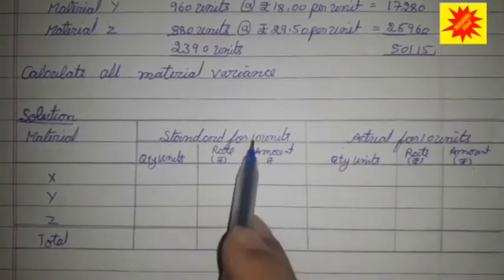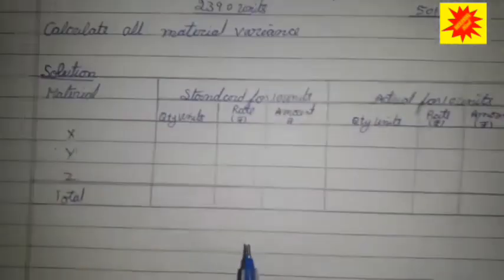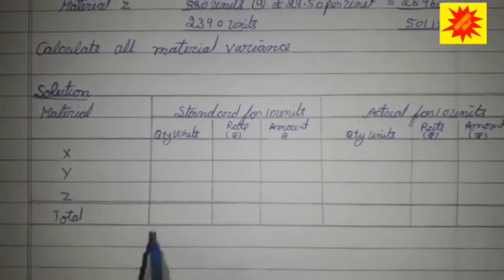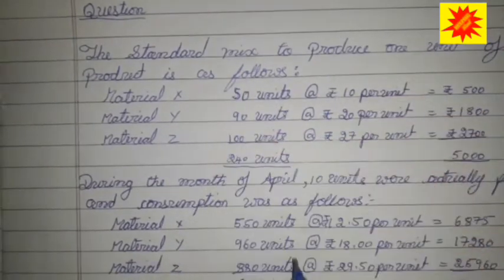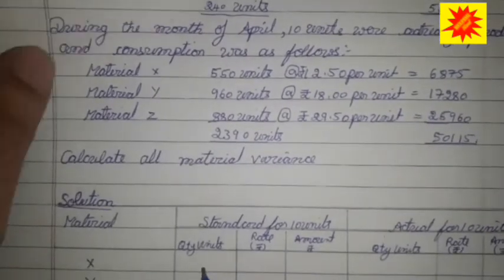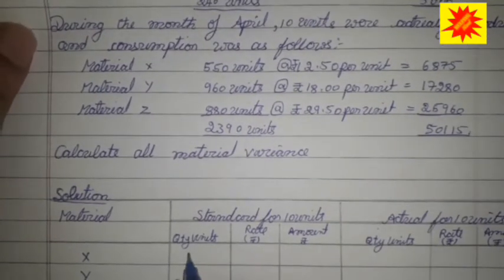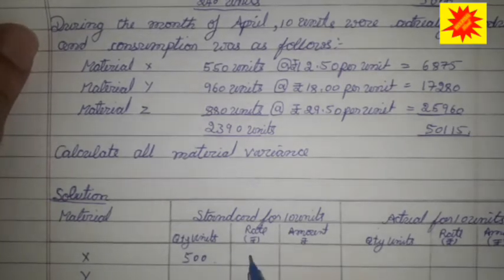So the standard for 10 units. They have given us the standards for 1 unit here, so we have to convert it to 10 units. They have told us 50 units for 1 unit, so for 10 units it will be 50 into 10, so it is 500 units, right? Rate will remain same, so we take 10 only.